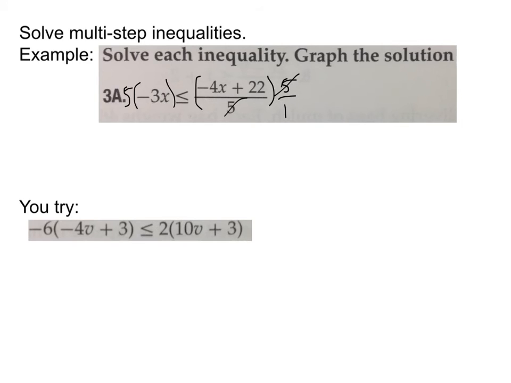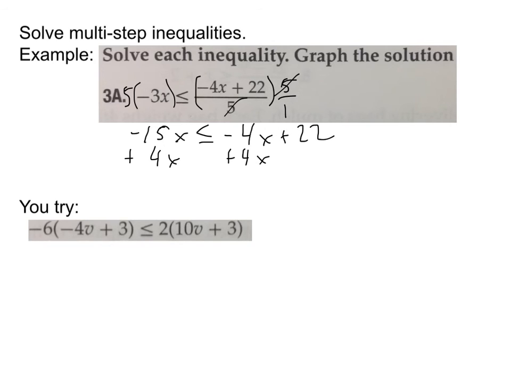I did not multiply or divide by a negative, so the sign does not flip. So I have negative 15x, and I leave the sign alone. It's less than or equal to negative 4x plus 22. Now I add 4x to both sides, so plus 4x.